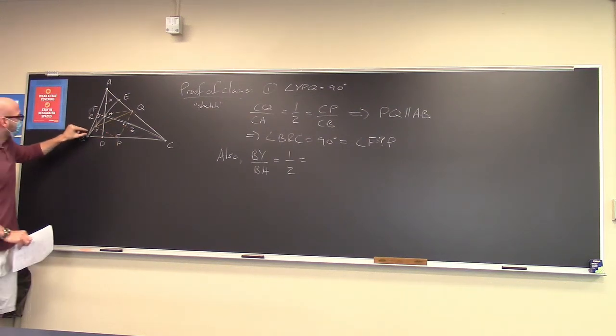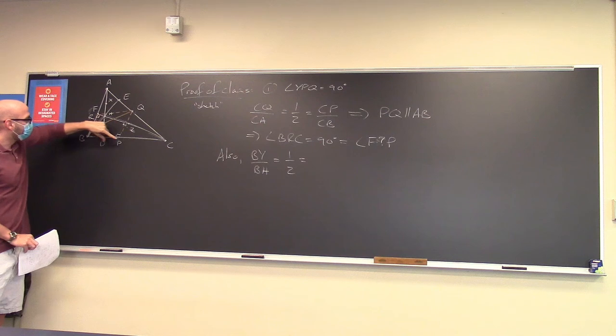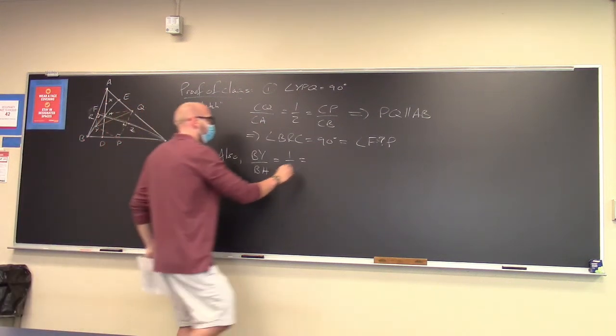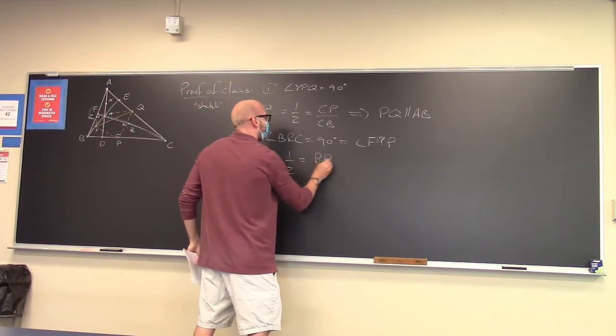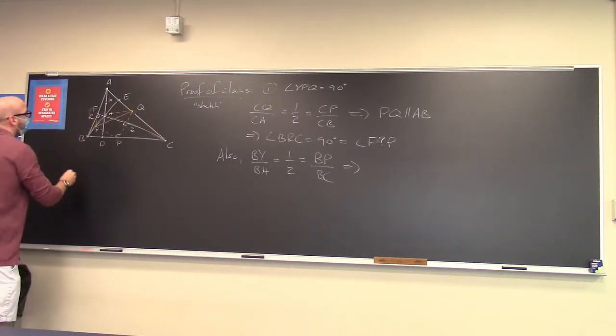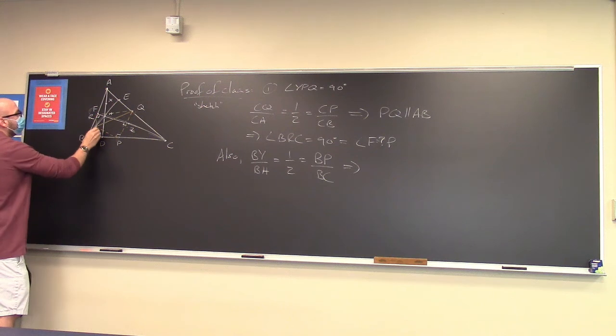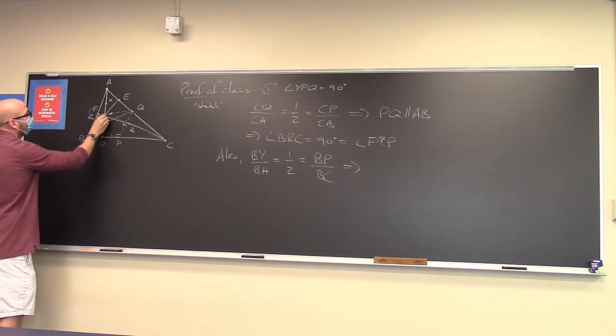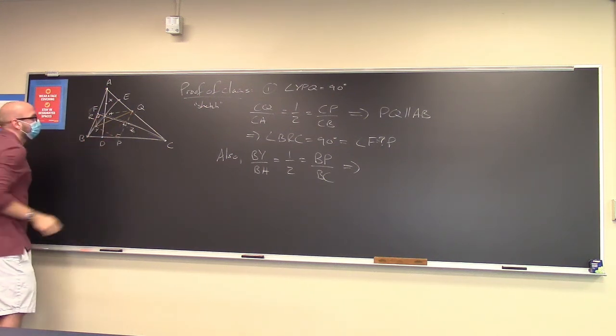So anyway, BY over BH is the same as BP over BC. Both of them are 1/2. And that then implies that YP is parallel to HZ, if you want.